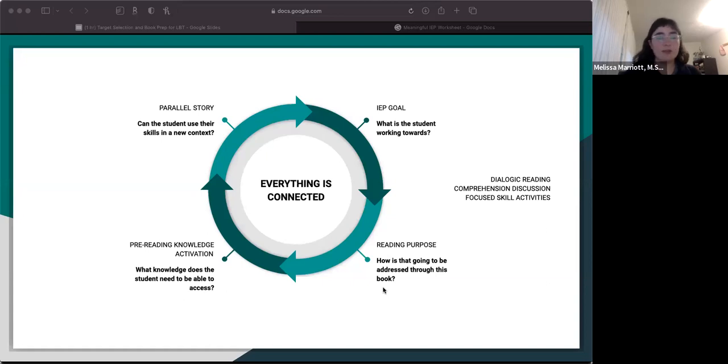So whether that's specific vocabulary, whether they just need to build schema. If I'm reading a book about a beach, well, there are 6 students in wheelchairs in my class, so what are the chances they've been to a beach? What are the chances they know what that is like?